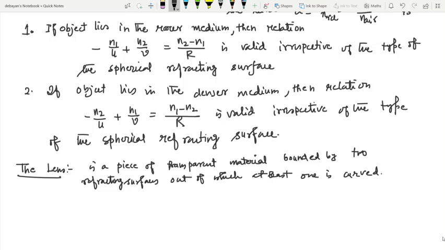Just remember, if one surface is plane, that is called plano-convex.